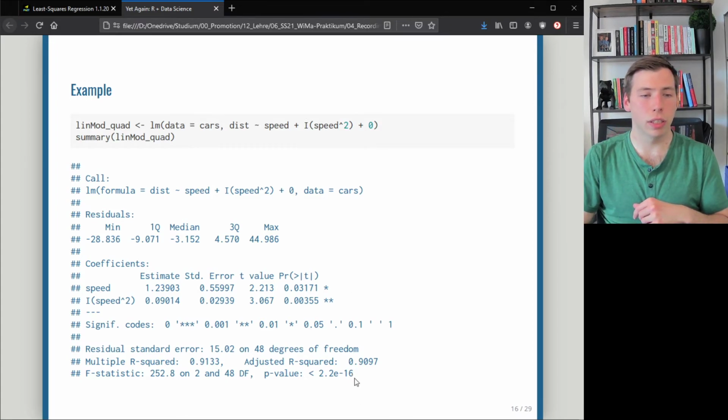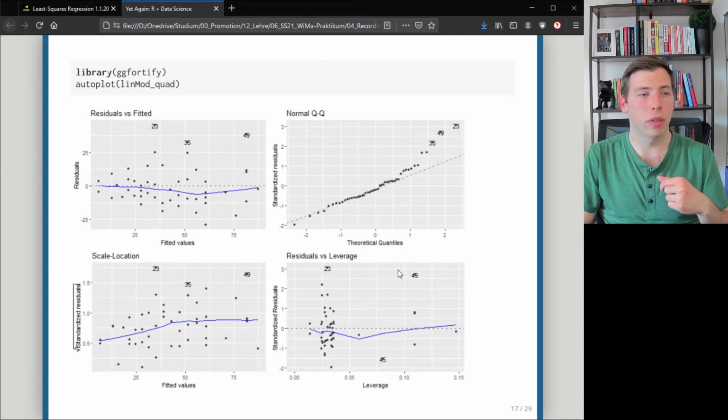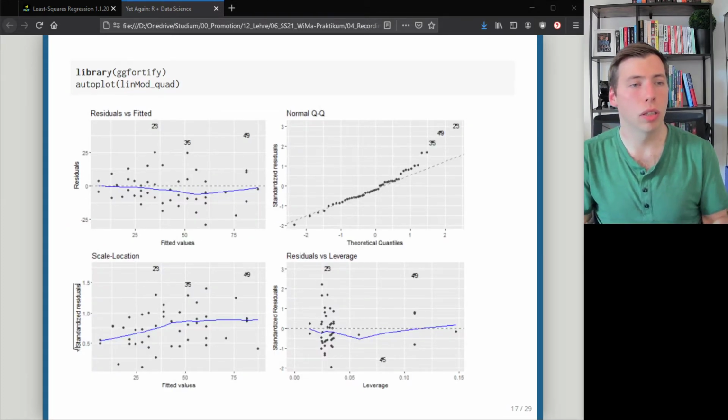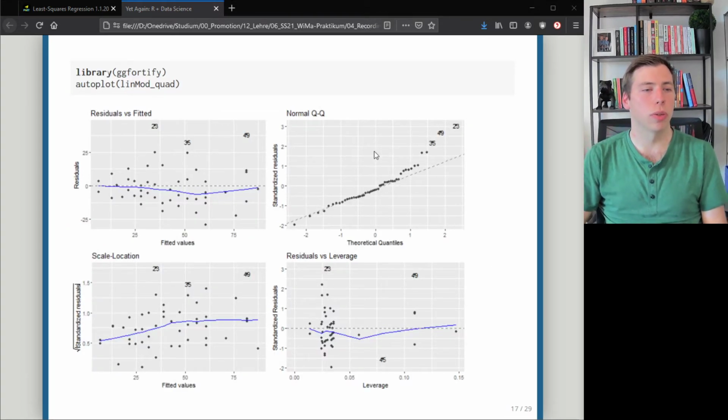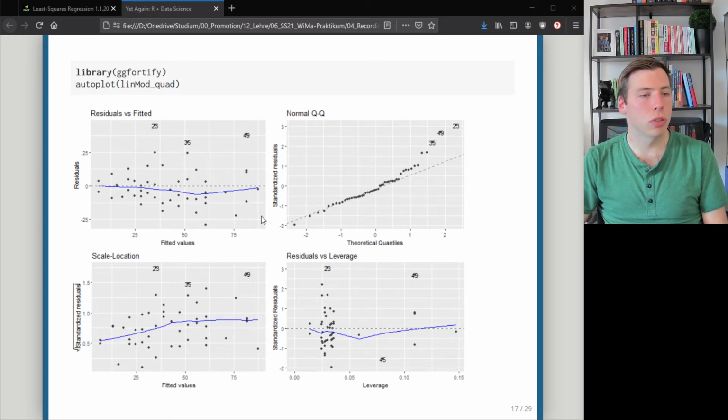And as you can see here, our R squared statistic improved. So adding this squared term actually helped. Looking at the autoplots or the diagnostic plots shows that the residuals look a bit better now. All in all, the plots look mostly better now, but again, it's not an exact science.